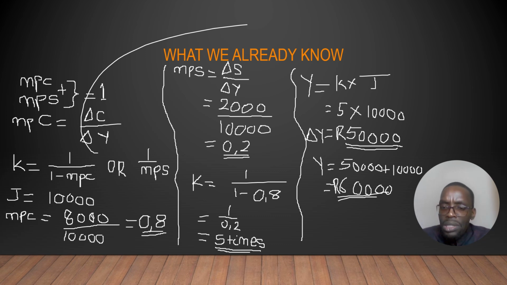Sometimes they are asking you about calculating the change in national income, which is going to result from that investment change, the 50,000. And then sometimes the examiner is asking you about the new value of our national income. This is how you are supposed to do it. So it's very, very important that you understand how you calculate each one of those elements.